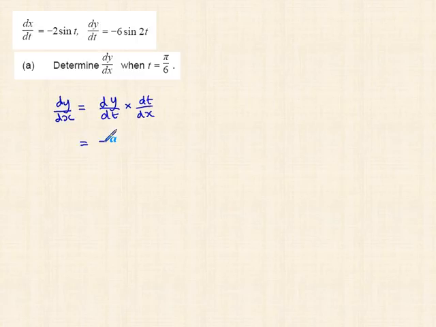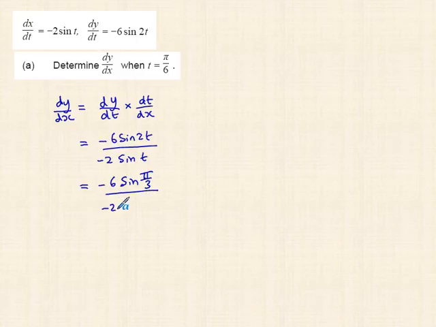So that's going to be negative 6 sin 2t divided by negative 2 sin t. If t is pi by 6, that's negative 6 sin pi by 3 over negative 2 sin pi by 6.